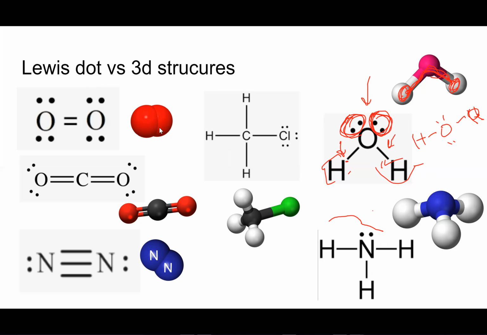Similarly, for this nitrogen here, you have lone pair electrons that are forcing the hydrogen atoms away. And you wouldn't know that with just a geometrical or three-dimensional picture unless it's done correctly. The reason is because of those lone pair electrons.